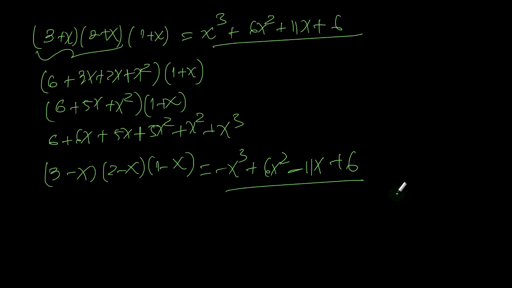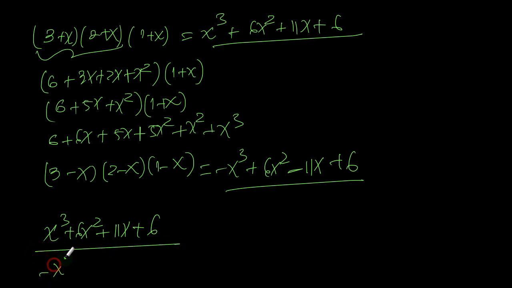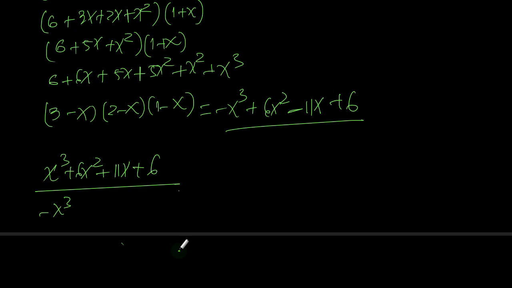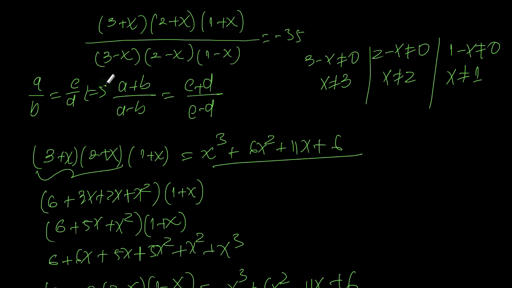Now we can write our equation as x to the 3 plus 6x squared plus 11x plus 6, divided by minus x to the 3 plus 6x squared minus 11x plus 6, right? Okay, now this is equal to negative 35. Now let's apply this rule that we said we were going to use, which is this one here, right?